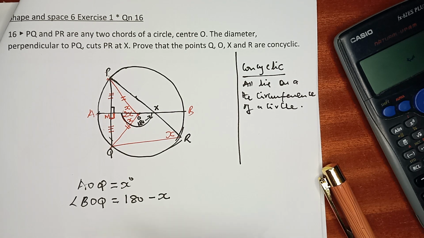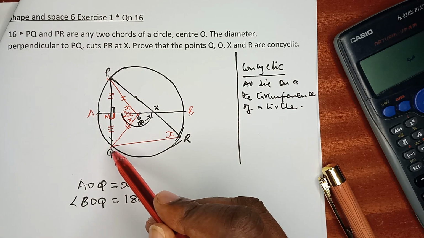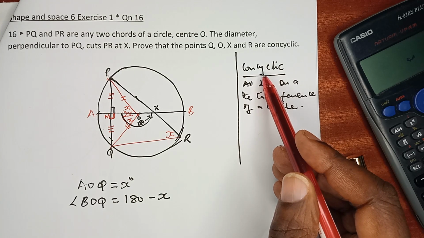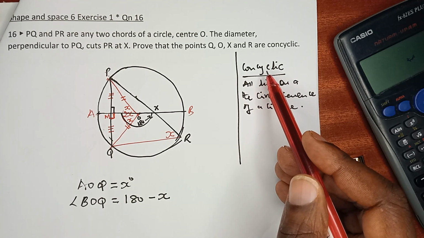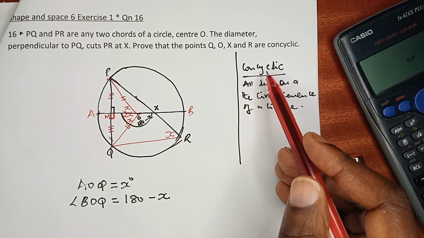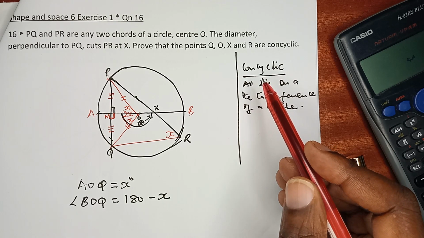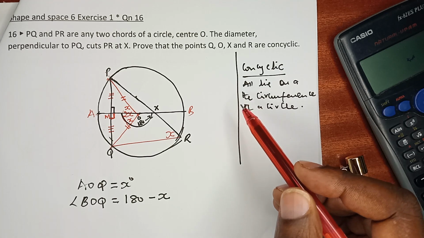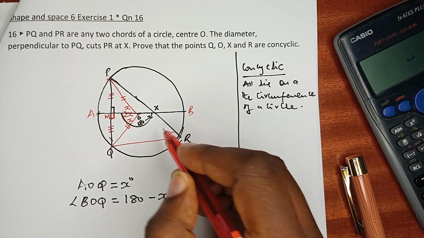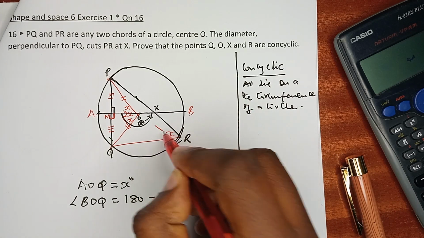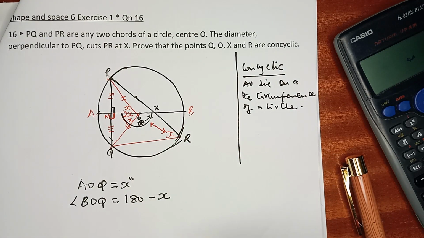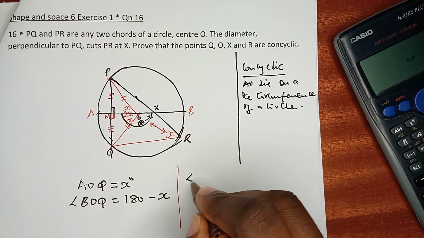And if we want to prove that points Q, O, X, R are concyclic, that means they are on the circumference of the same circle, then we have to show that two opposite angles add up to 180 degrees. I want us to look at this angle and this angle here.